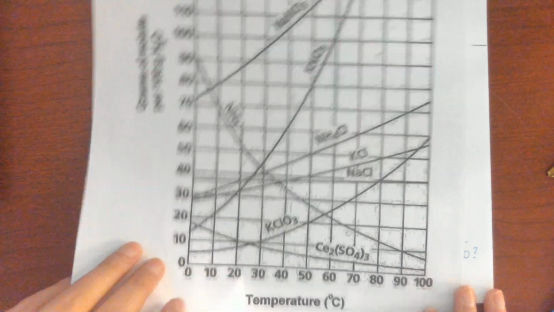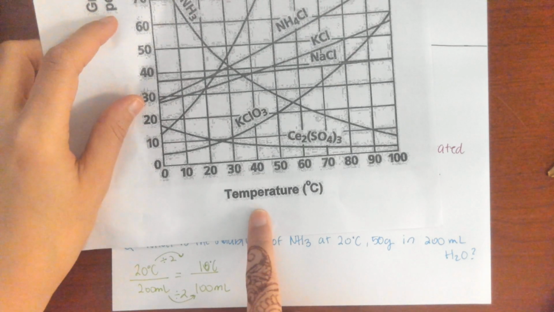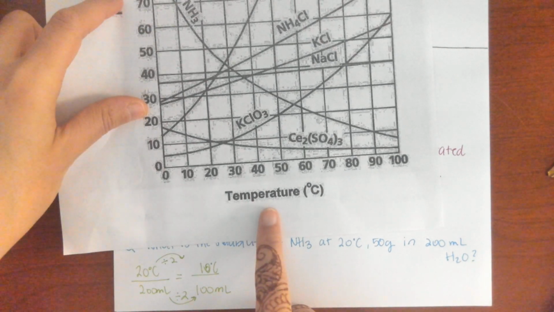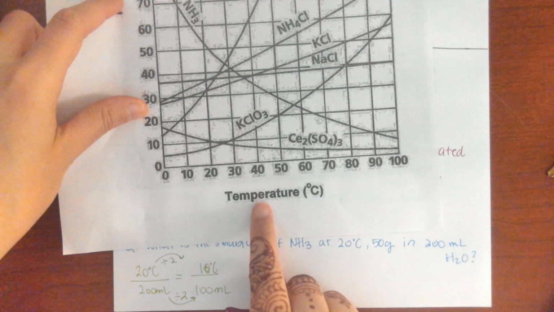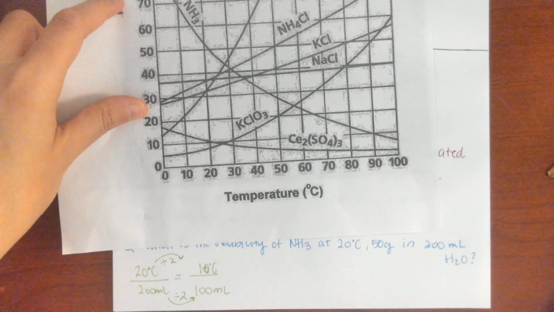So if, hypothetically, I ask what factor of solubility negatively affects gases, what would that be? Temperature. Okay, so that's the one factor that's opposite between solid and gases. If you need to write that down, I would.